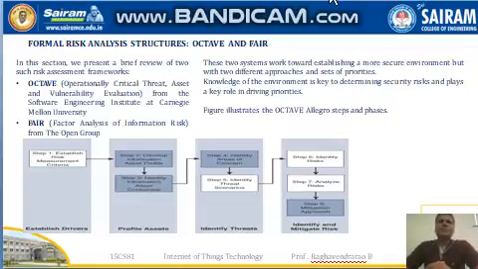So OCTAVE is a balanced, information focused process. Beyond these steps, there is an assumption of a means of identifying specific mitigations that can be mapped to the threats and risks exposed during the analysis process. Next, we'll see about FAIR.